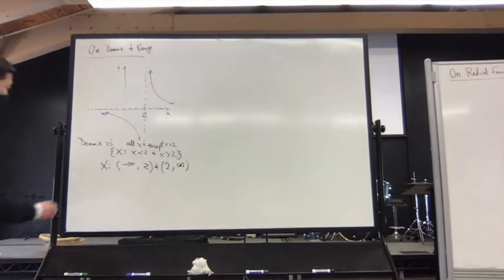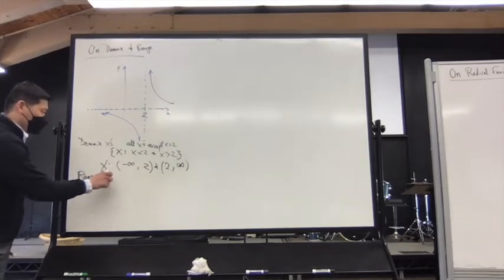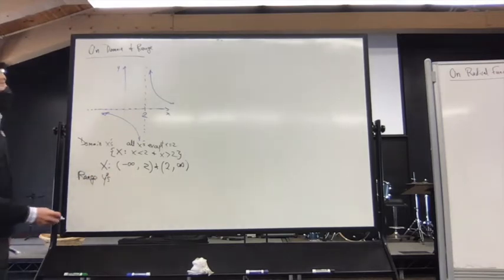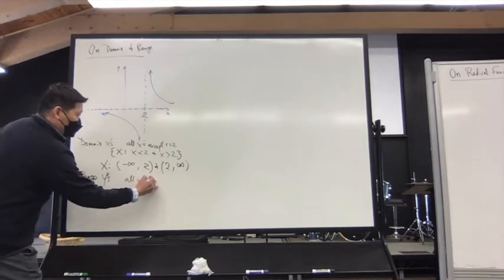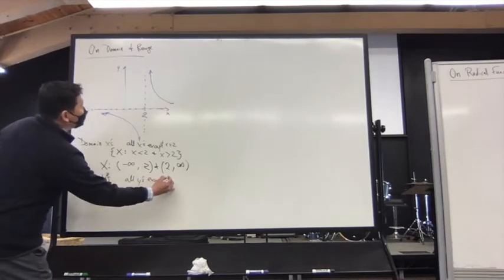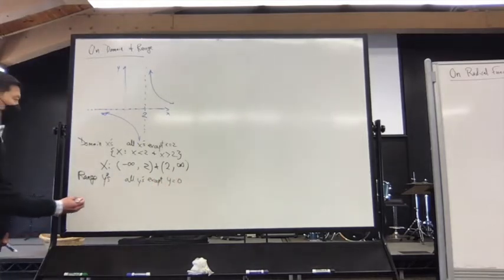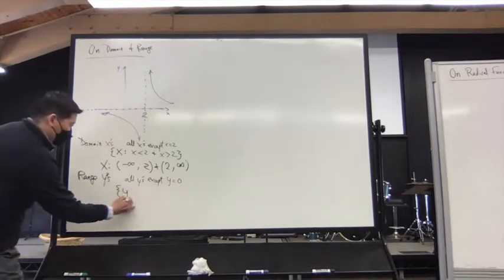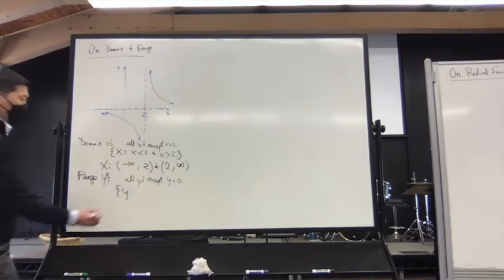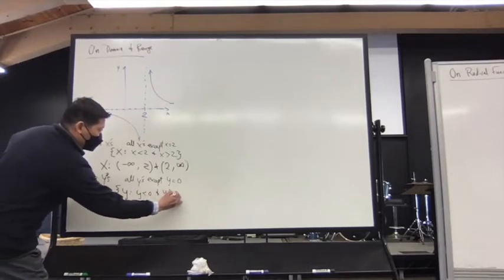Okay, range, very similar. Range, these are y values. And you said earlier, all y's except y equal to 0. So in a typical notation, one would say y such that y is less than 0 and y is bigger than 0.